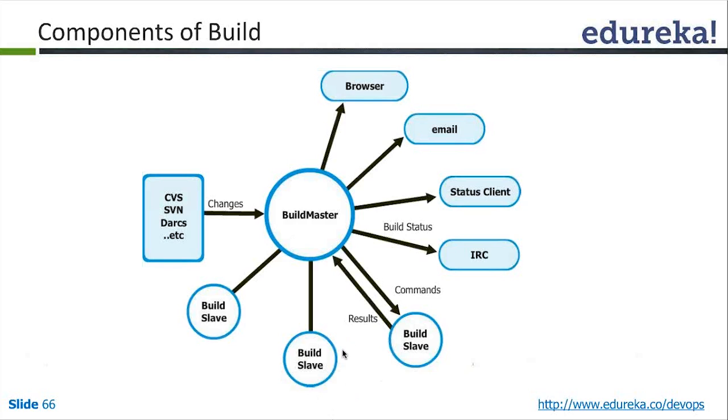Once all that is successful, I can release this to the production branch. You should be aware that they keep multiple branches in version control: test, staging, integration, whatever each organization follows.